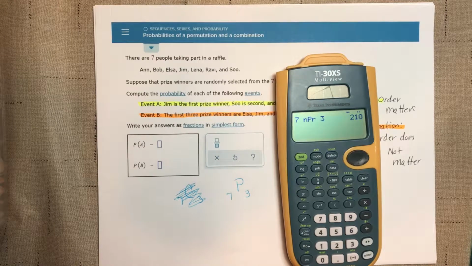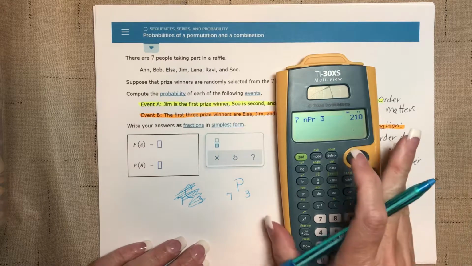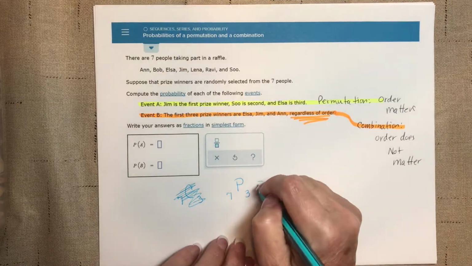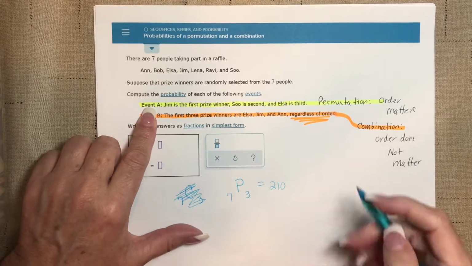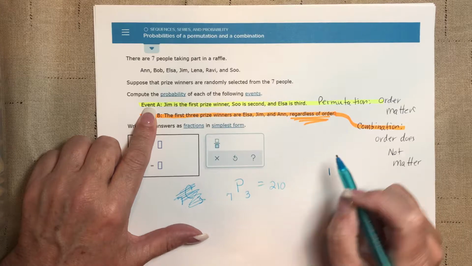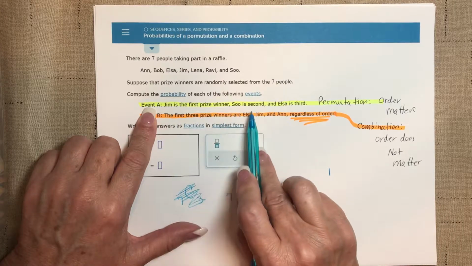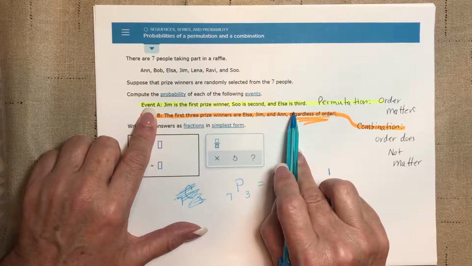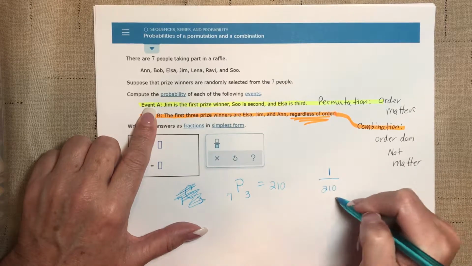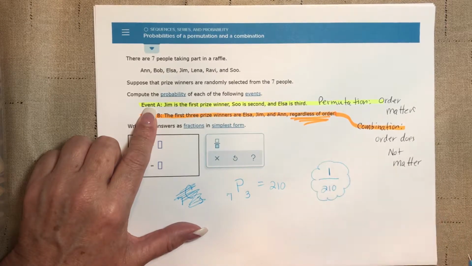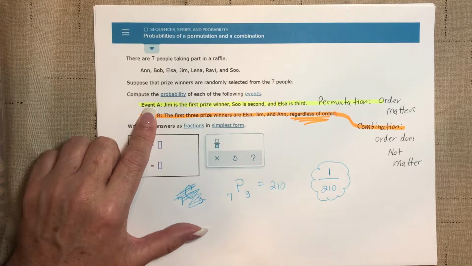So there's 210 ways this can happen, right? But they wanted the probability of it happening. There's only one way Jim can be first, Sue can be second, and Elsa can be third, out of the 210 ways.